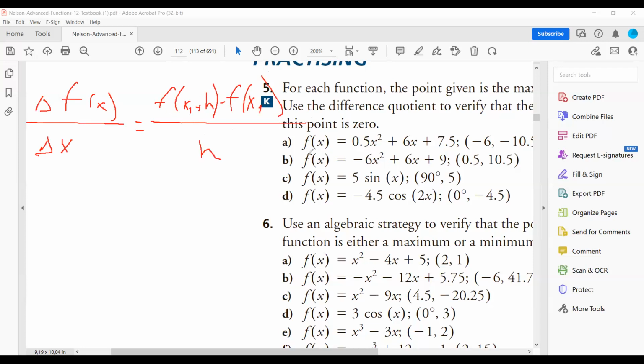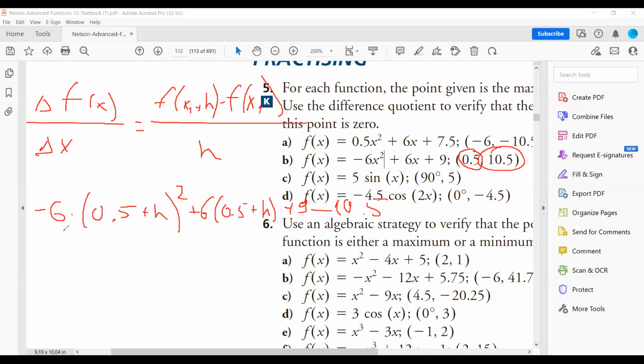And now let's implement this formula for question B. So f of x1 plus h, x1 in this case is 0.5. So I'll write it down as negative 6 times (0.5 plus h) squared plus 6 times (0.5 plus h) plus 9. Subtract f of x1, and it's 10.5. Subtract 10.5. All of this divided by h.